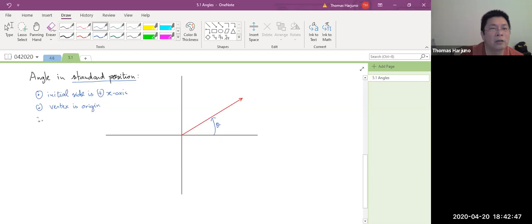And the angle is the terminal side. The angle is moving counterclockwise. The angle is measured counterclockwise.